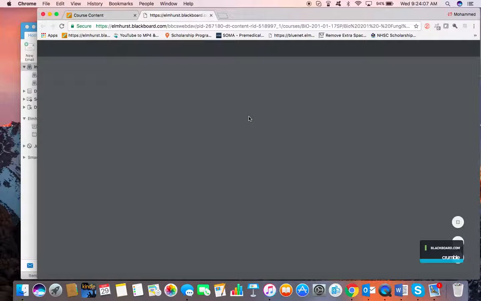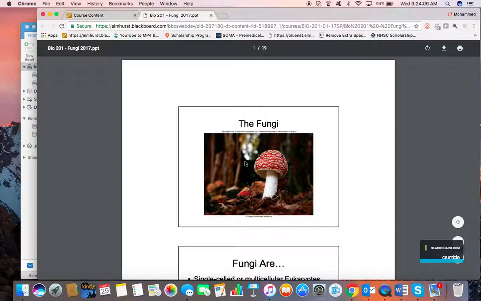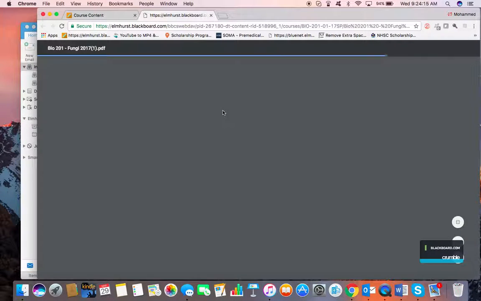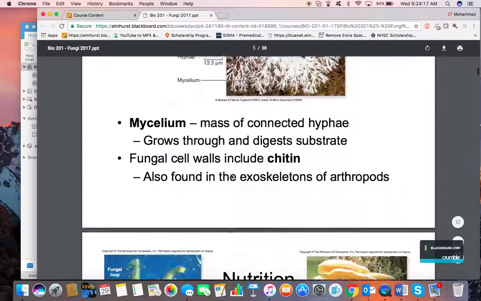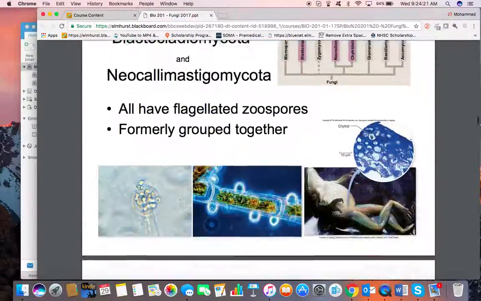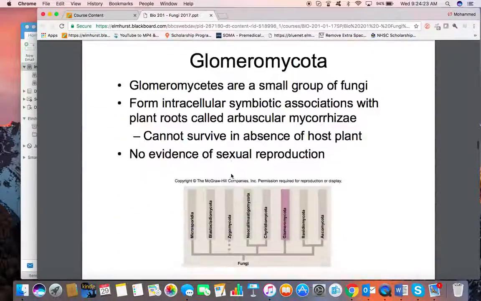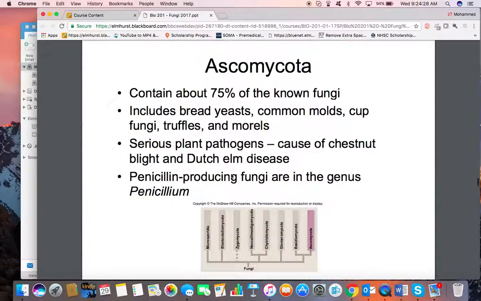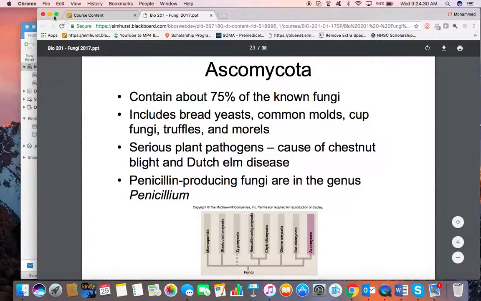For the most part, they are not large fruiting bodies that you see like most other mushrooms, as in Basidiomycota. But some of the really important things are in this group: stuff that gets us sick, like molds, things like yeasts that are used in making bread, truffles, the most expensive mushroom out there, morels.